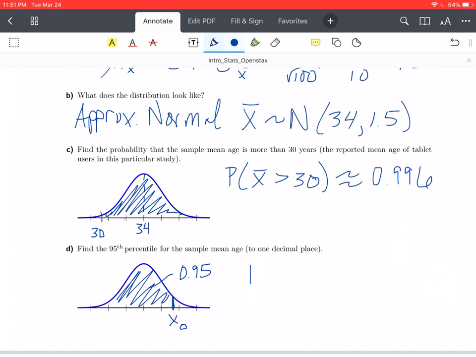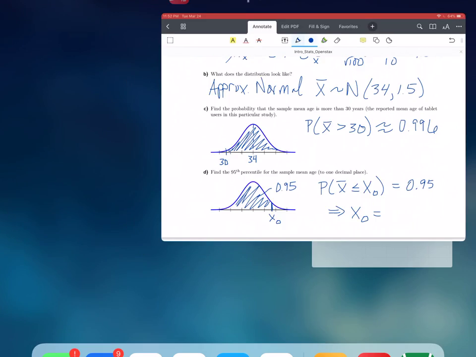So we need to find the probability that x bar is less than or equal to x naught. And we know that this is 0.95. And what we need to do is figure out what x naught value gives us 95%. So this is where our inverse function is going to come back into play.